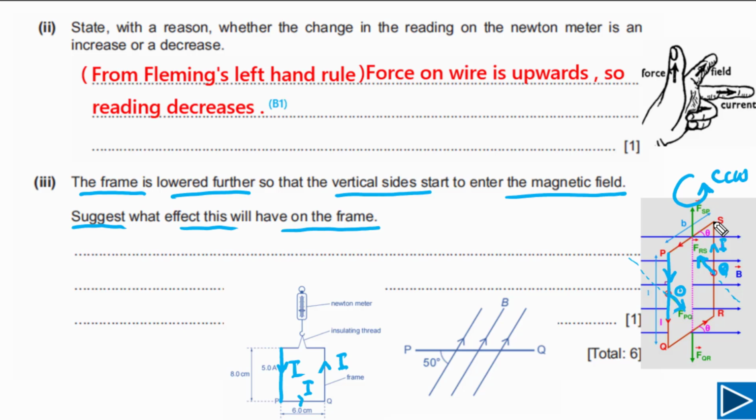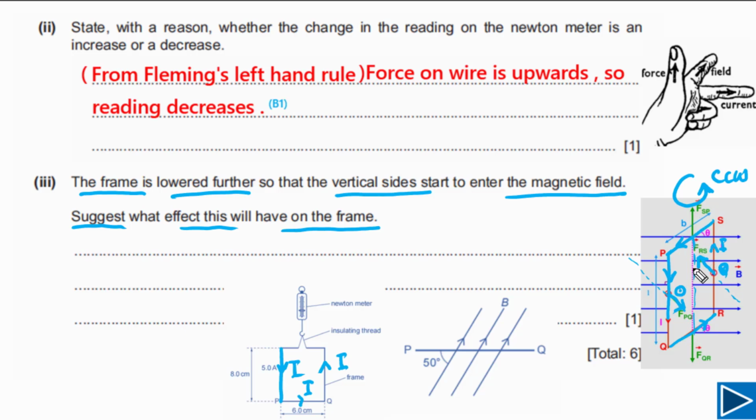But if you look at the forces acting on side SP and the forces acting on side QR, these forces are also acting in opposite directions. But the line of action of these forces is along the same line. So these two forces will not cause any rotational effect.